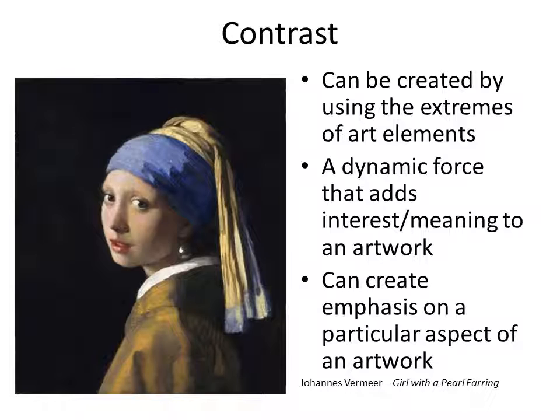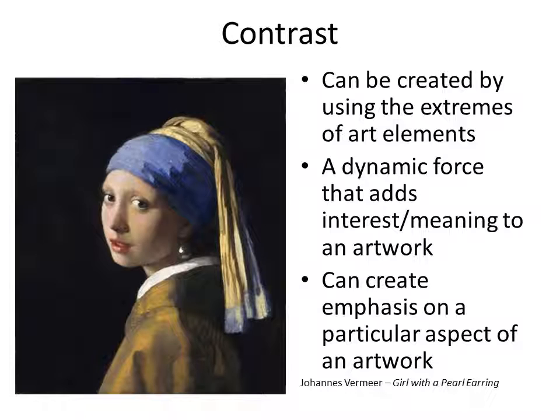Moving on now to contrast, which is created by using the extremes of art elements. So earlier on, Joseph Wright's work, light and dark. You might have very, very patterned areas contrasted with very plain areas in an artwork.